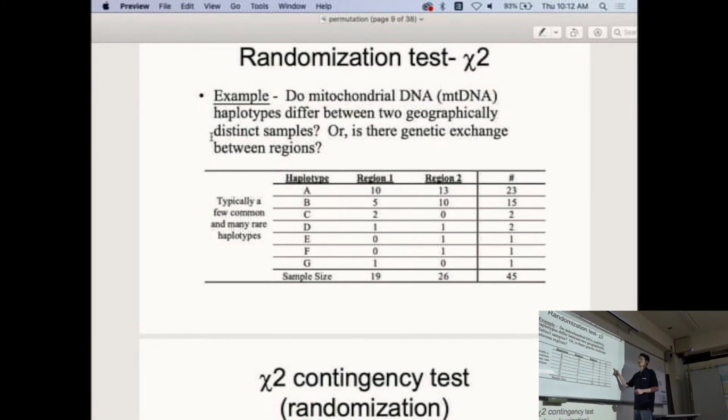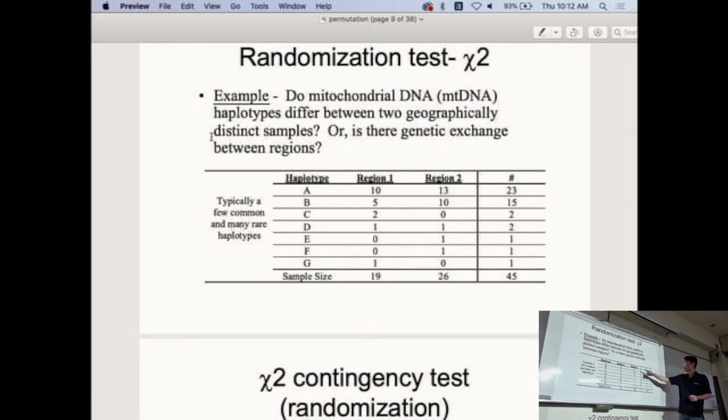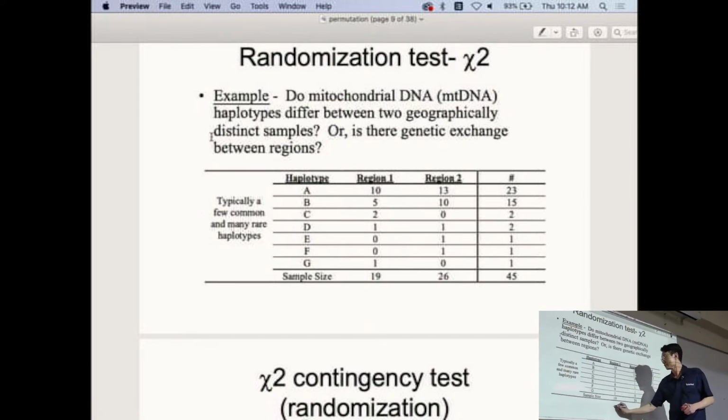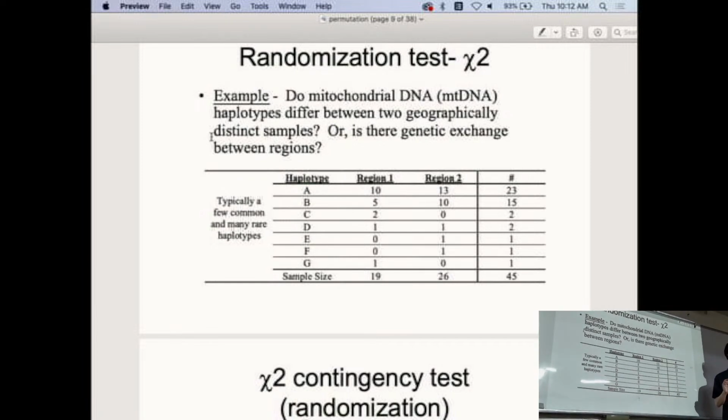So this is the row sum, 23, right? This is the column sum, 19. The total number is 45. If the table is independent, in terms of probability, the probability of this will be 23 divided by 45, right?